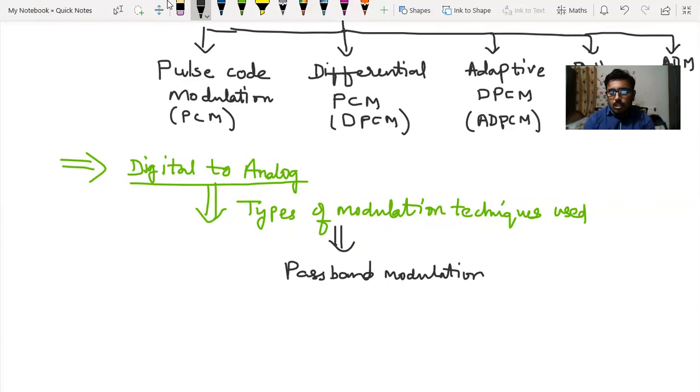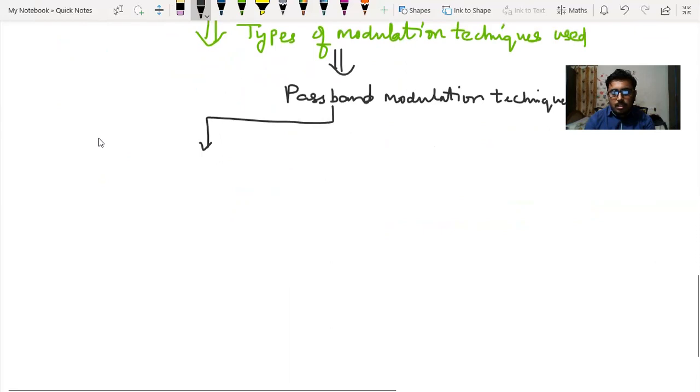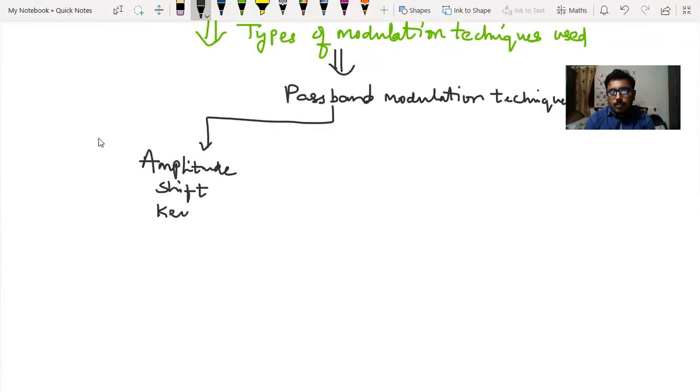Okay, so what are these passband modulation techniques? In a sense, we have the shift keying techniques. Suppose the first one we are expecting is amplitude shift keying, that is the ASK technique.